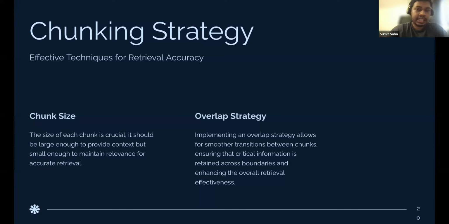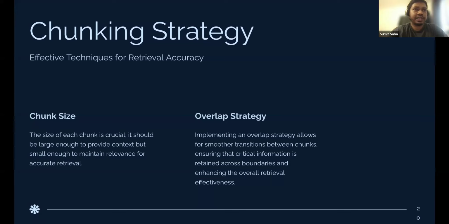The size of the chunk is quite important, because it should not be too large or too small. It should be large enough to provide the context, and if it becomes too small, it will not maintain the relevance for accurate retrieval.